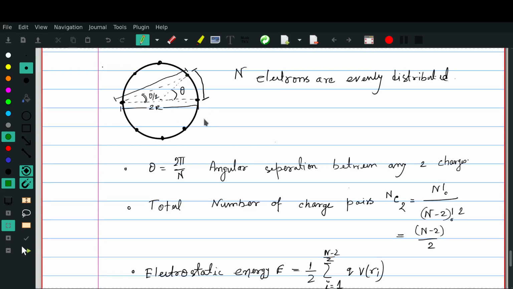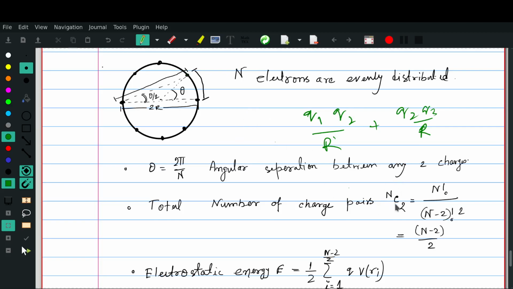First of all, we will have to think about how many combinations there are, because all of the potential energies come in pairs, q1 q2 by some distance plus q2 q3 by some distance, right? So we'll have to figure out the total number of combinations that we can have out of these n particles.